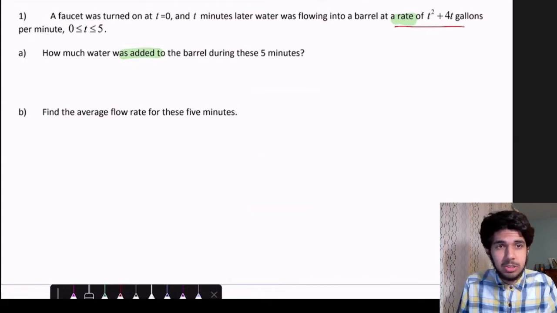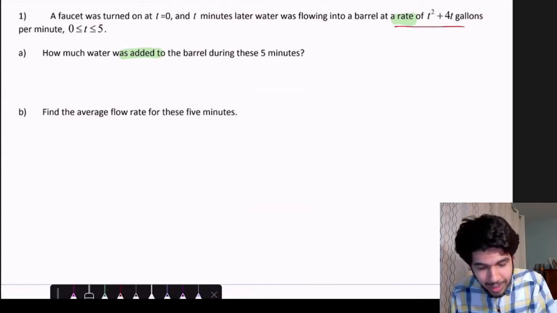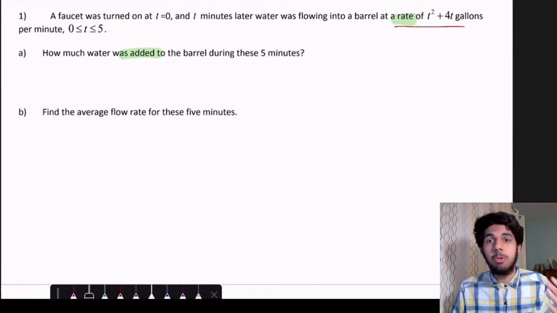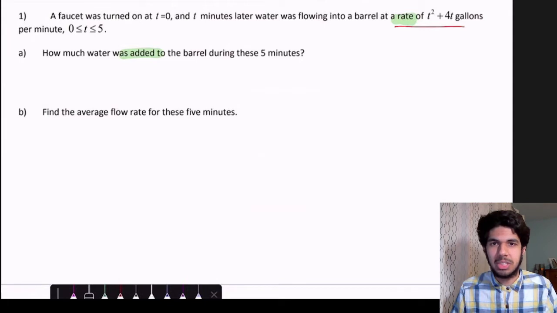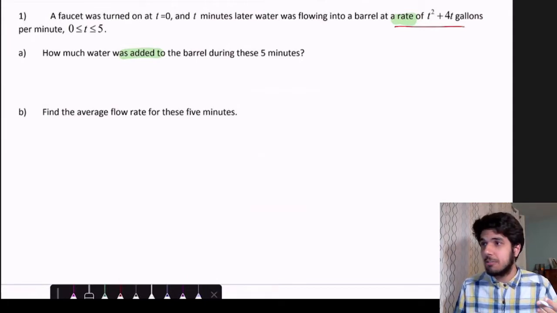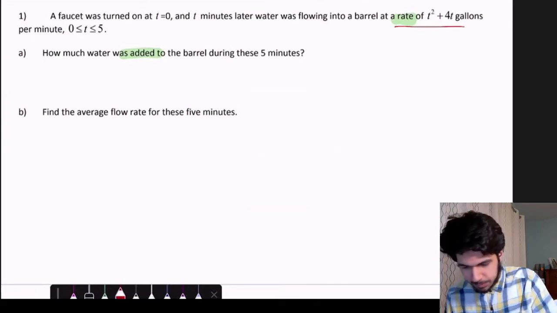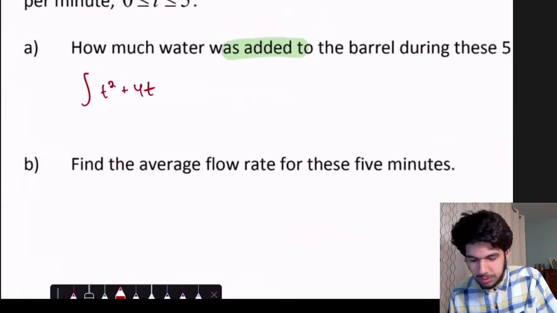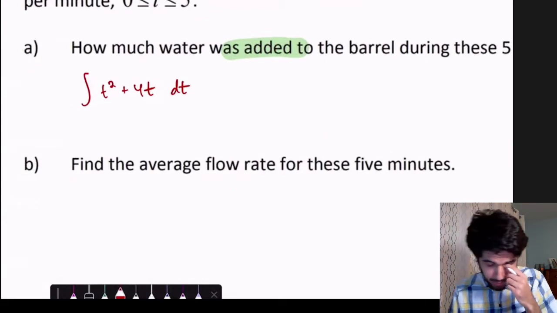So that's what we're going to do here, because we're given a function which is a rate, and we want to get the displacement or the volume accumulated, the quantity that was added to the barrel. So we're going to do that via an integral. We'll calculate the integral of t squared plus 4t, with respect to time, so dt.